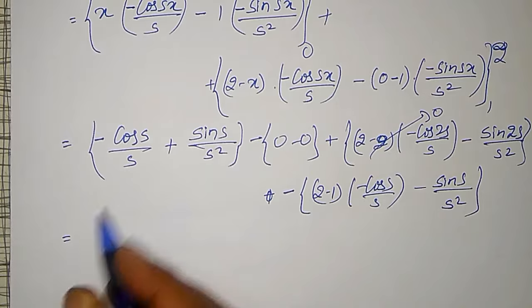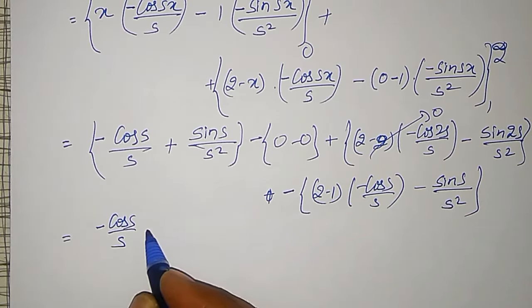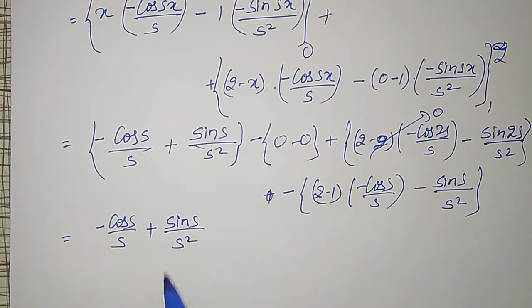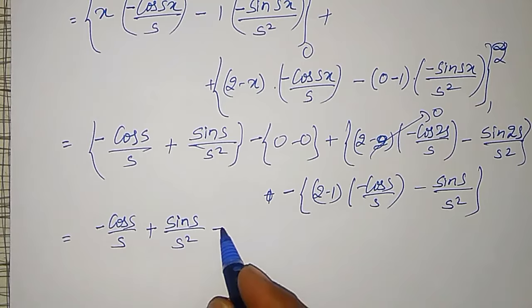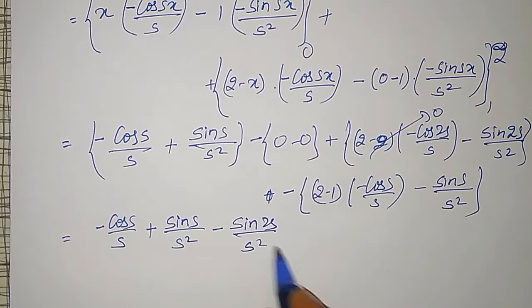Now simplify this one. What I get here is minus cos s divided by s plus sin s divided by s square. One term is 0, and here it is minus sin 2s divided by s square.